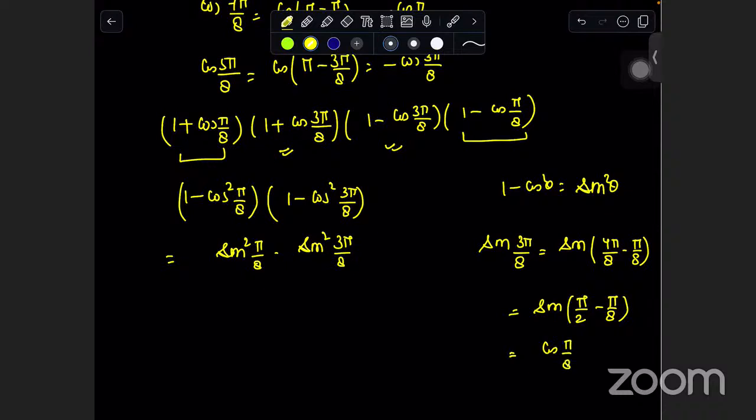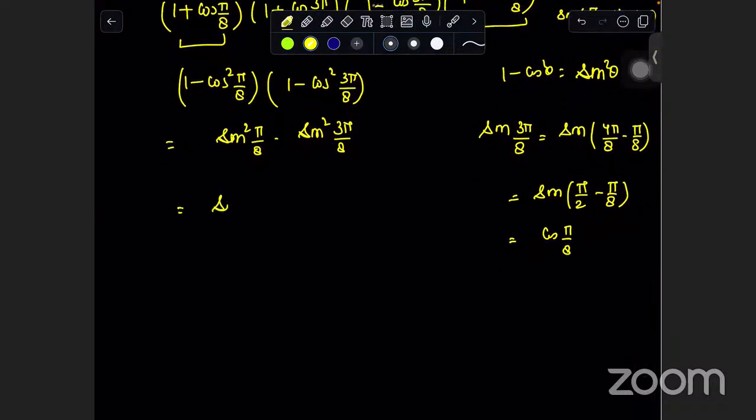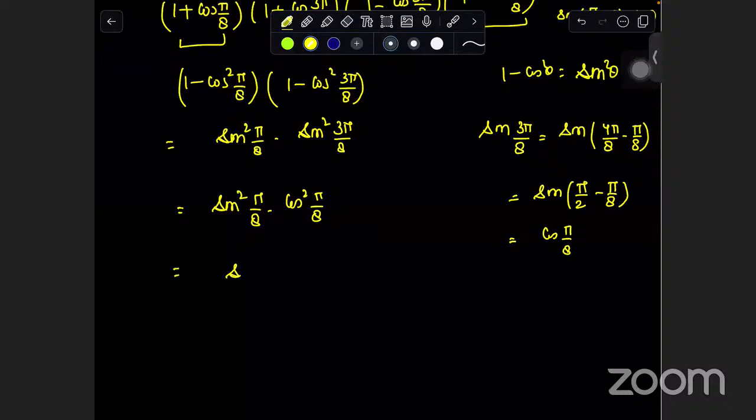Now another identity which I have used is sine pi by 2 minus theta is cos theta. Got it? So the question became sine square pi by 8 into cos square pi by 8. This is sine pi by 8. Okay, I'll explain again. Wait a moment. Cos pi by 8 whole square.